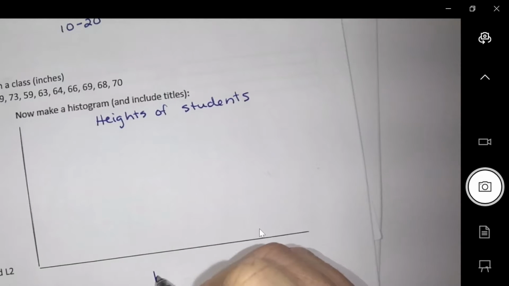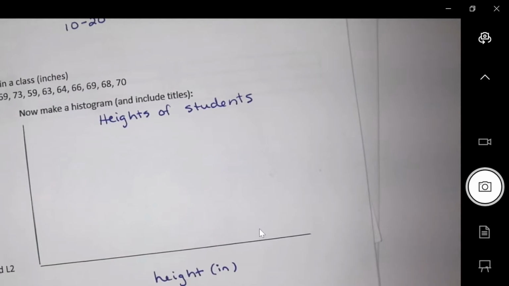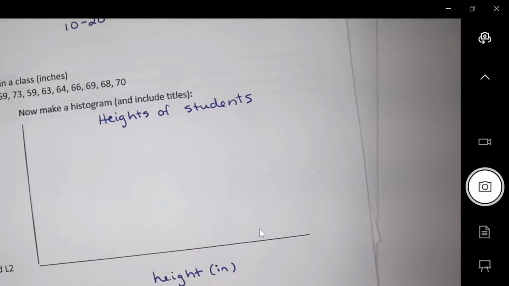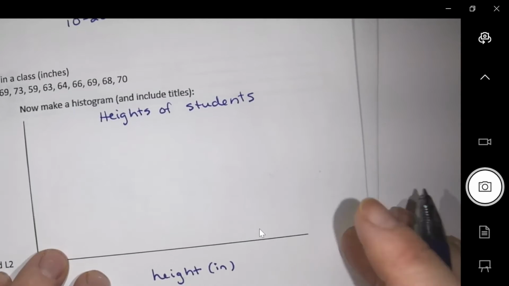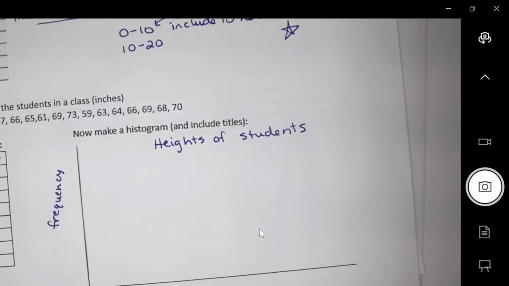On the bottom, we're going to be putting height, and we're going to be doing it in inches. And on the side, we're going to be doing the frequency. Okay, so that's that.